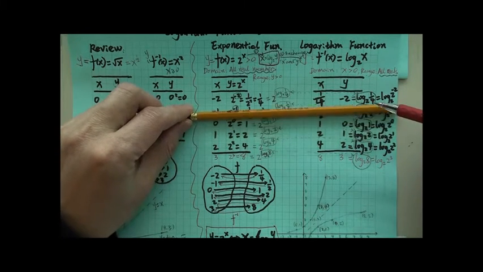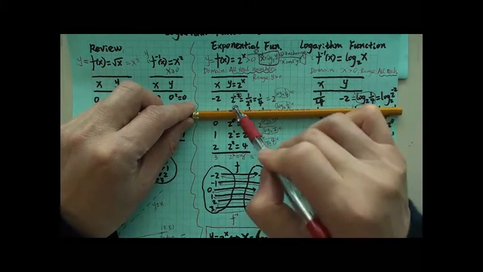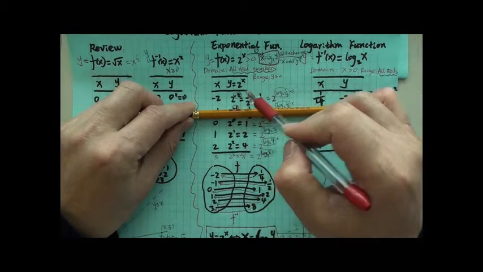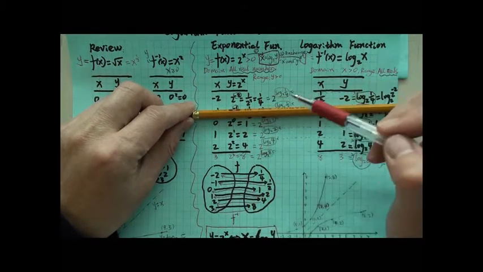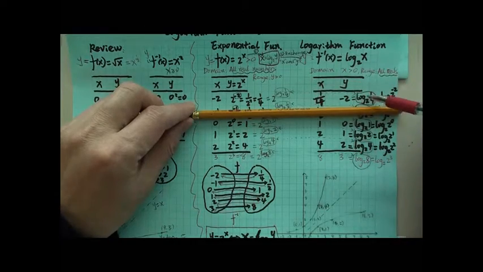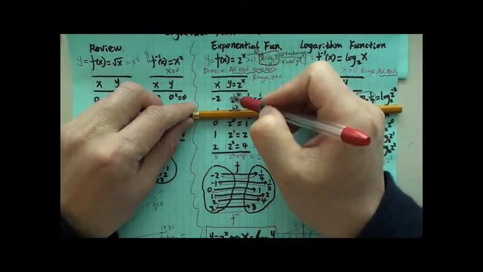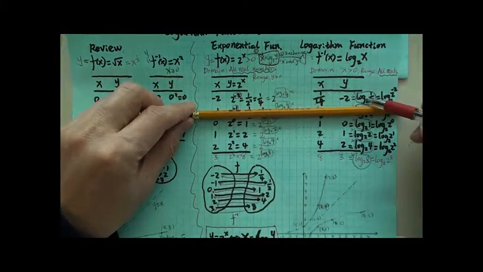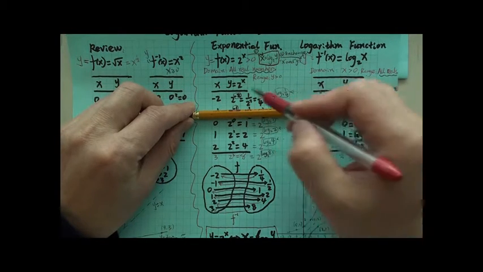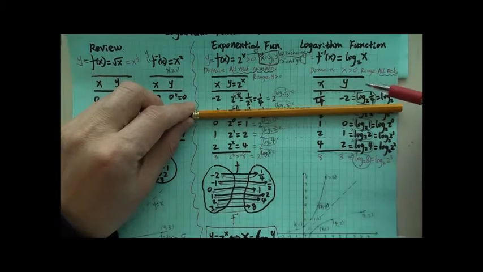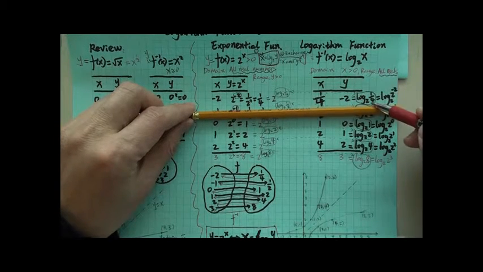And the case right here is exactly the same. 2 to the -2 is 1/4. So then log base 2 of 1/4 is going to be the exponent, -2, because we know 2 to the -2 is 1/4.